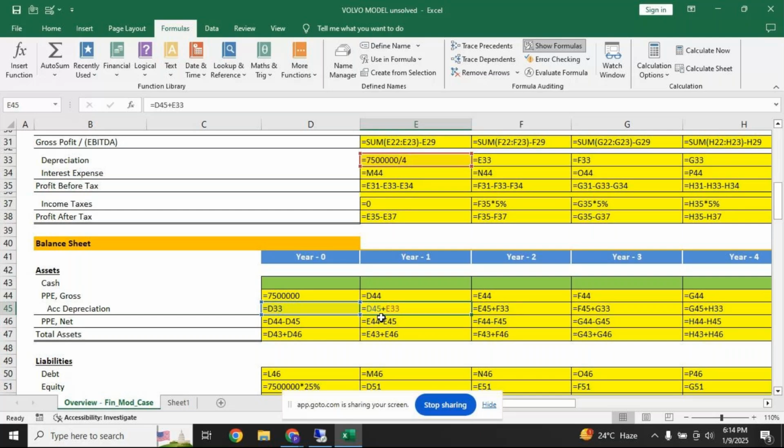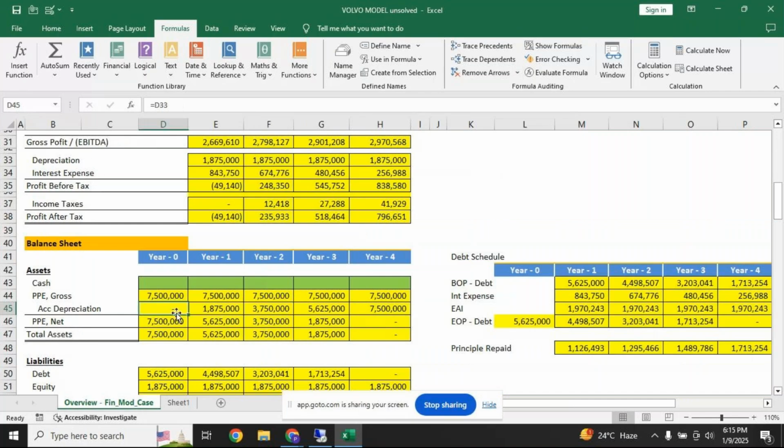Again here, whatever value I have, when it comes to the next year, this value will be added up with the current year depreciation value. By the end of the fourth year, the entire bus value will become zero. If you see without the formula, first year there is no depreciation, so the value remains 0.